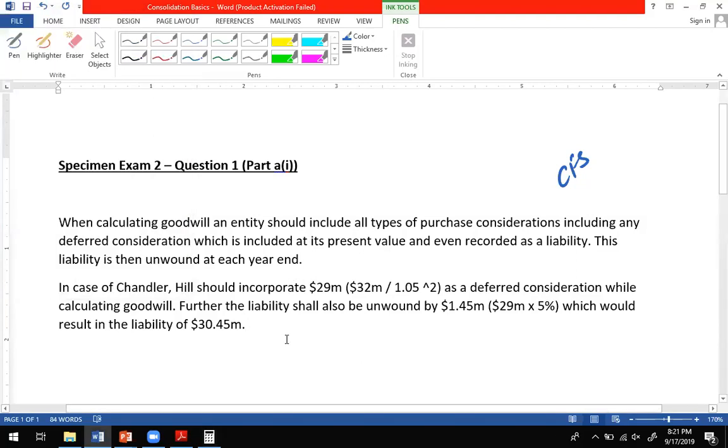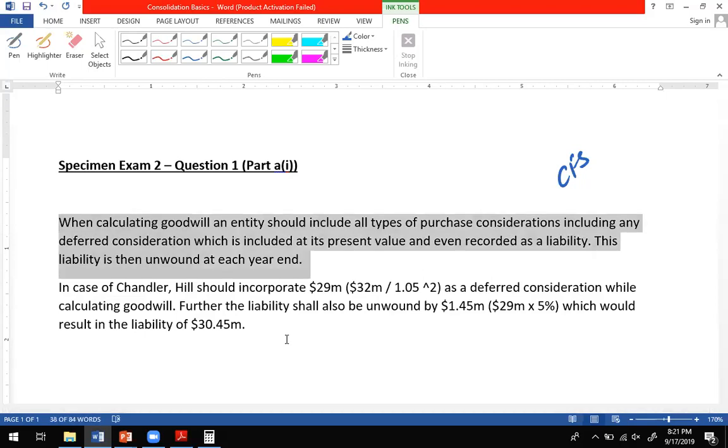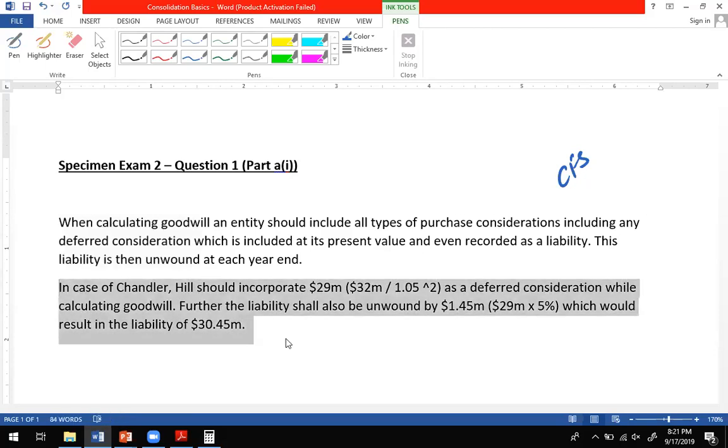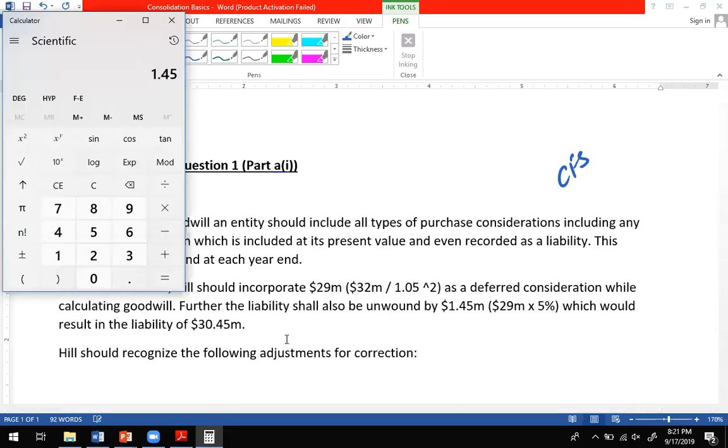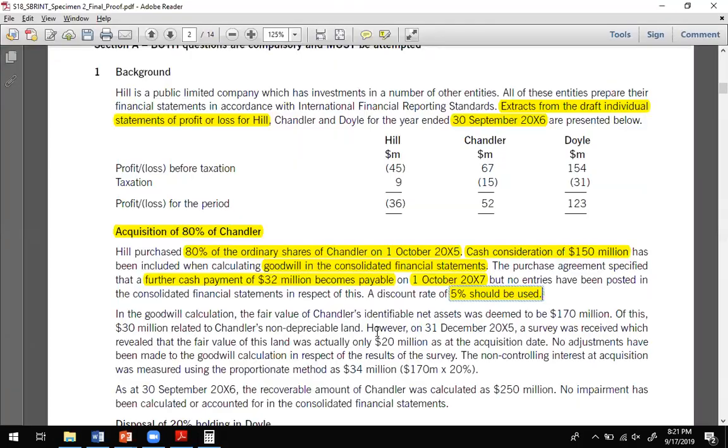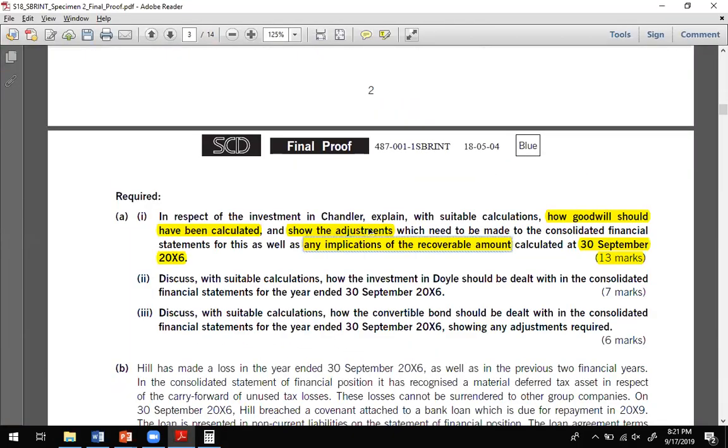So this is how we have actually written down the answer, first writing a general paragraph specifying the correct treatment and then applying that onto the scenario. Hill should recognize the following adjustments for correction, because the question even asked us to show the adjustments which need to be made to the consolidated financial statements.